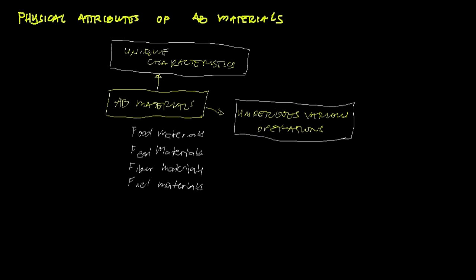So from rice we make rice flour. The initial characteristic, the size, now became a powder, smaller in particle size. So under these various operations, the properties of our AB materials may change.